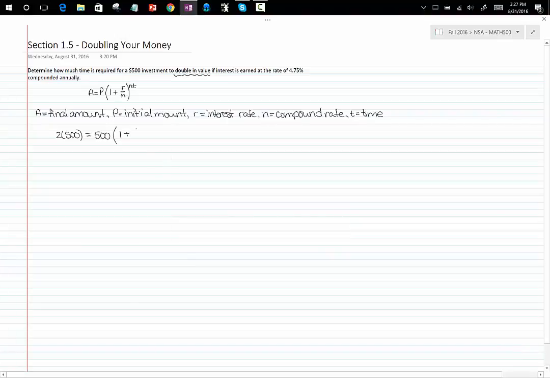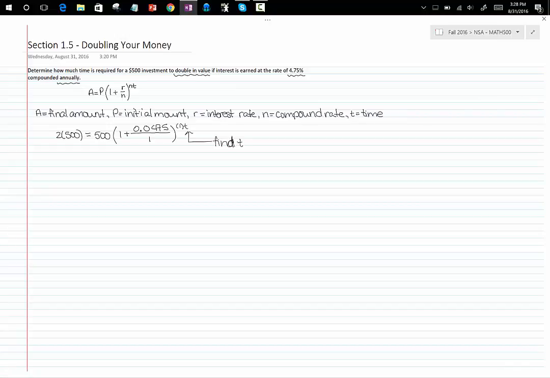So that would be the interest rate, which is 4.75% or 0.0475, divided by the compound rate, which is annually. So that means n is equal to 1, the compound rate, times the time as your exponent. So that would be 1 times t. And here we are wanting to find t.